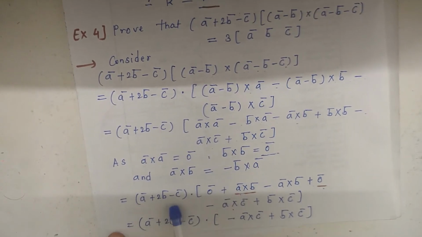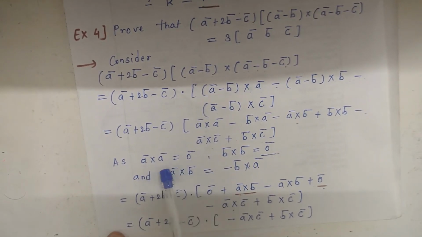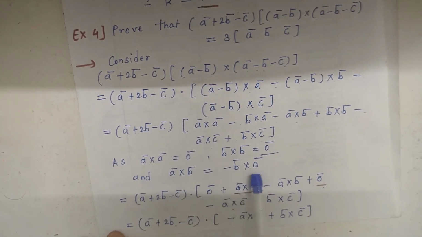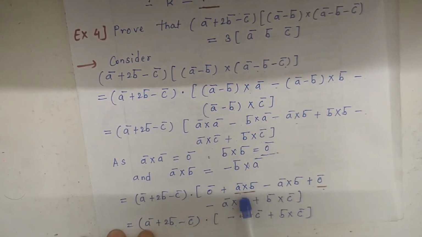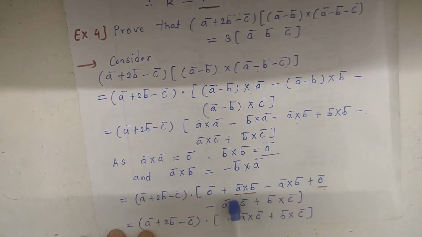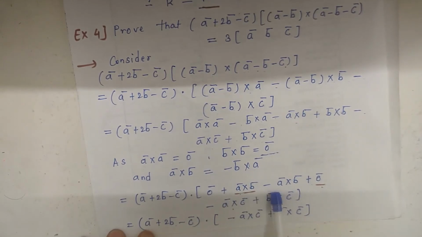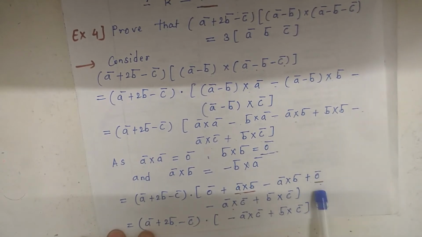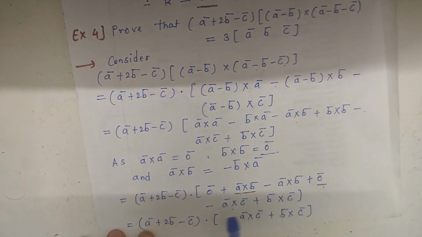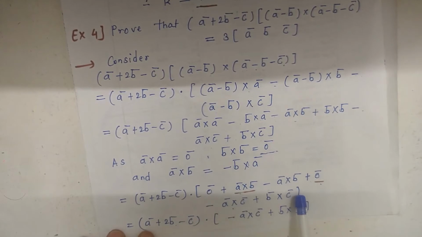Now the first bracket as it is, substituting the value of a bar cross a bar is equal to 0, and minus b bar cross a bar we can write as a bar cross b bar. So write here a bar cross b bar minus the next term as it is, plus b bar cross b bar is equal to 0 bar, next two terms as it is.